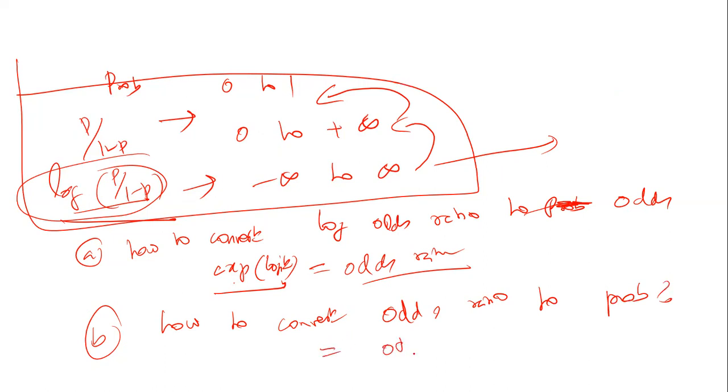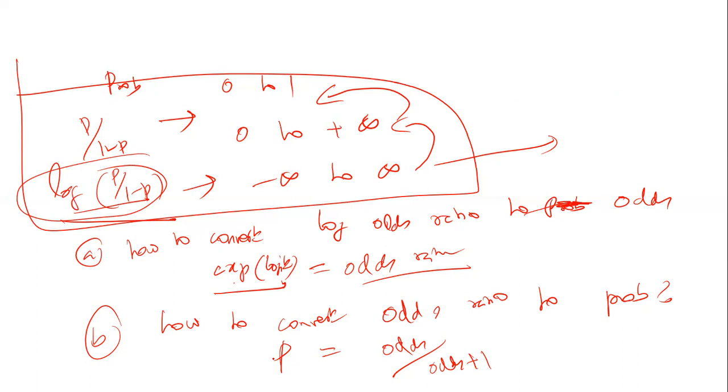How do you find out? Odds divided by odds plus 1, right? That's all. This will give you the probability. You need to remember this. That's all, guys. This is the fundamental building block. You should know it.